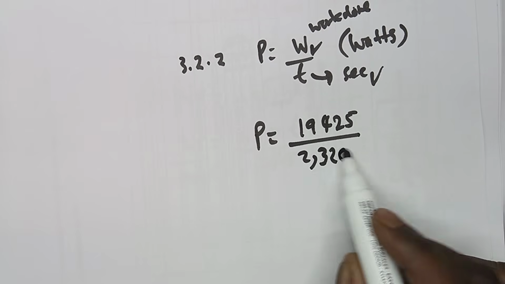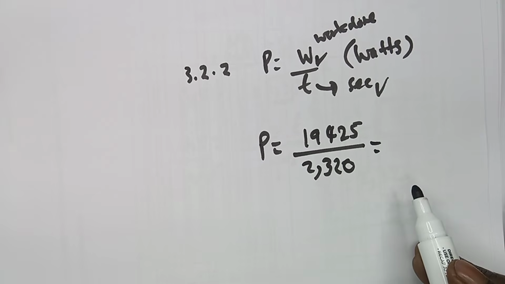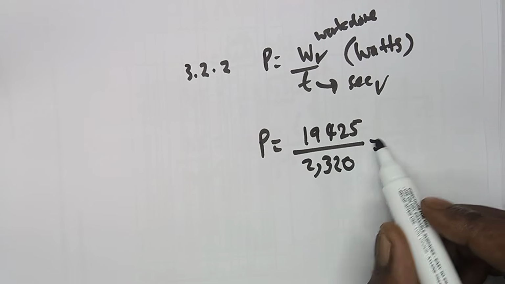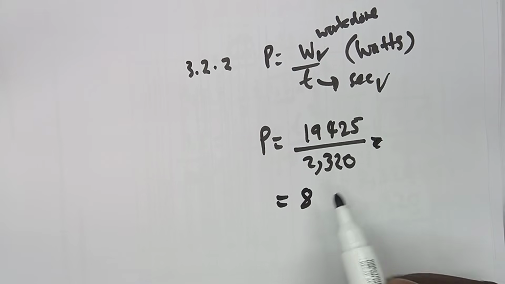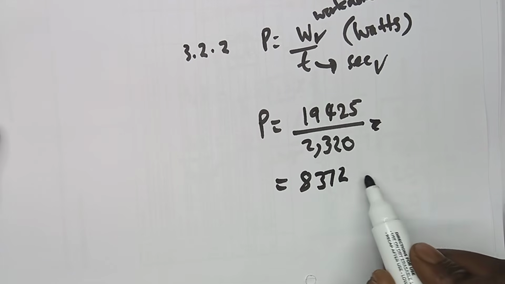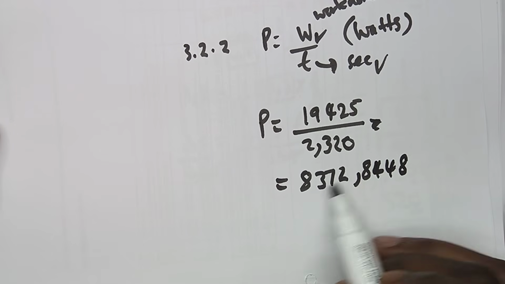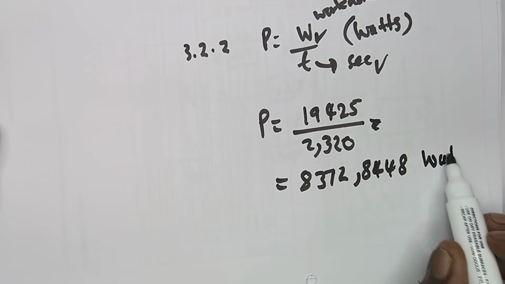Guys, there's no need of you writing this 0. Okay, so you can just use your calculator there. That is going to give us this decimal. Just imagine. Okay, let me just write it here. 8372,8448. Yeah, this is what I actually obtained here, and this is measured in watts.